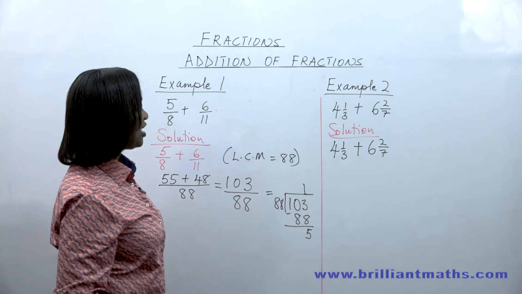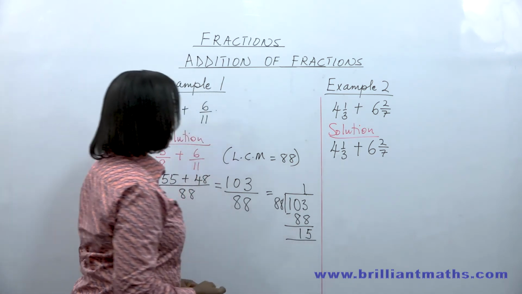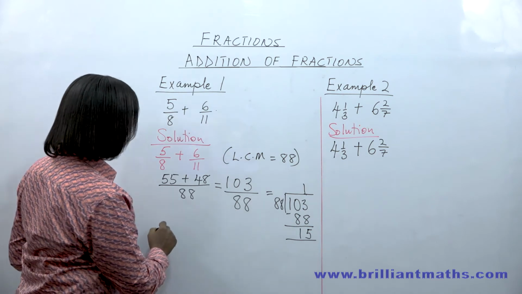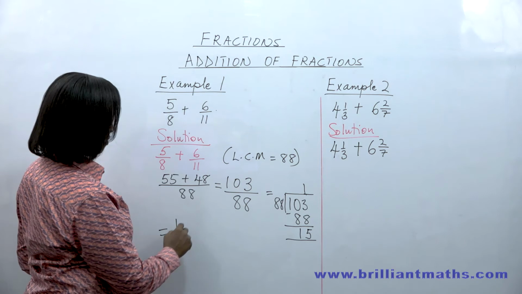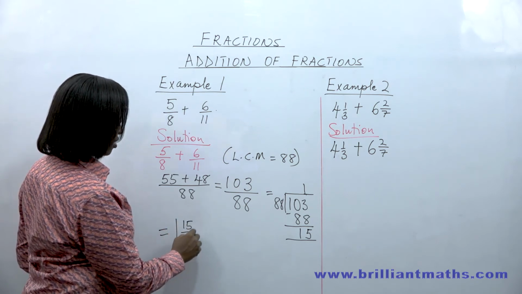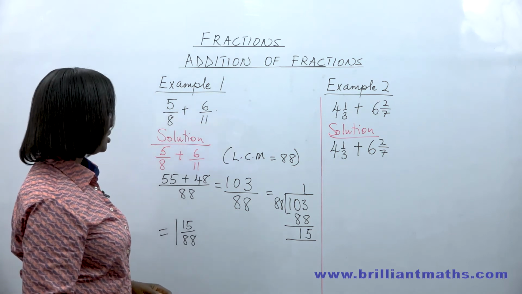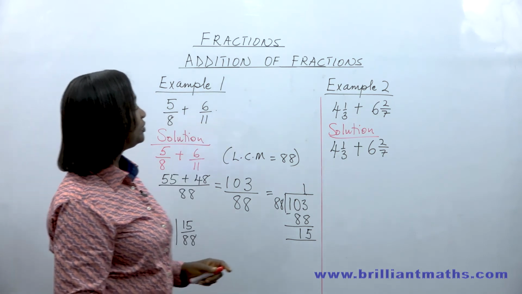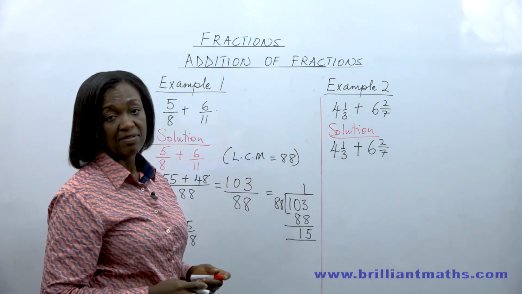And we're left with 9 there. 9 minus 8 is 1. So the final answer is 1 whole number, 15 over 88. That's very simple.